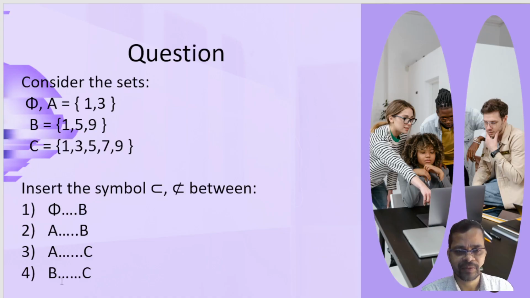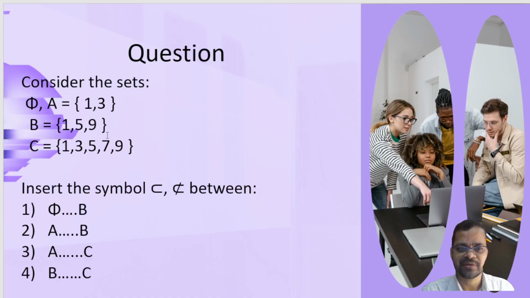Let's find out whether B is a subset of C or not. What are the elements of B? 1, 5, 9. And what are the elements of C? 1, 3, 5, 7, 9. Are all the elements of B present in C? Yes, 1, 5, 9 are also elements of set C. So whether it should be a subset of C or not, the answer is simple.